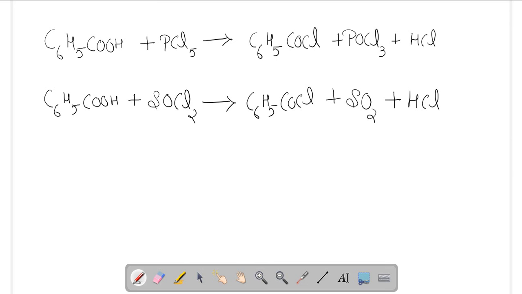So these were the reactions for the formation of acid chlorides.